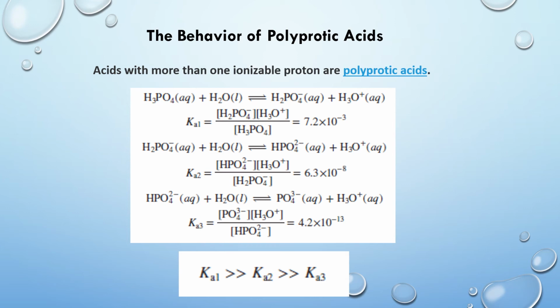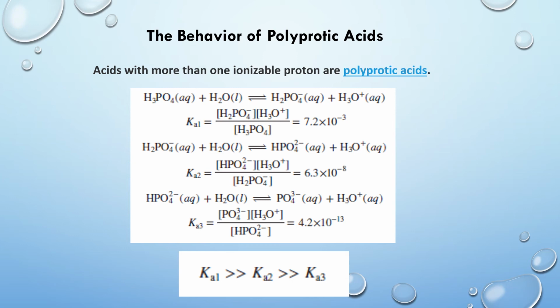A polyprotic acid is going to have multiple Ka values, based on the order, or the number, of the protons given away. For example, phosphoric acid, H3PO4, contains 3 protons, meaning that it could donate 3 protons.